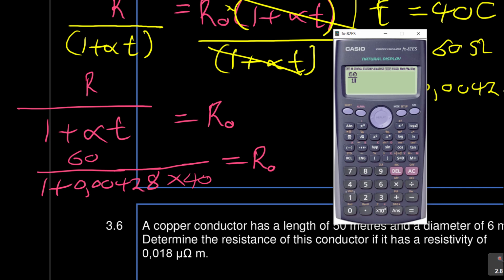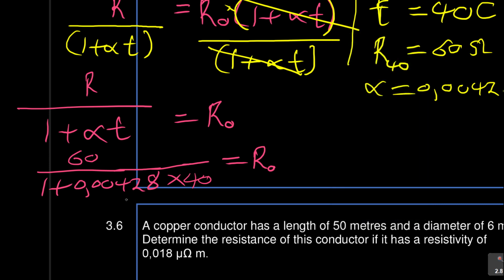So 60 over 1 plus, oh, by the way, I forgot the brackets. The brackets are very important there, but in the end they didn't make any difference. 0,00428 times 40 gives 51,2295, which is 51,23.